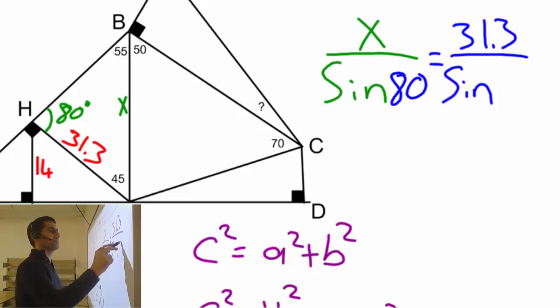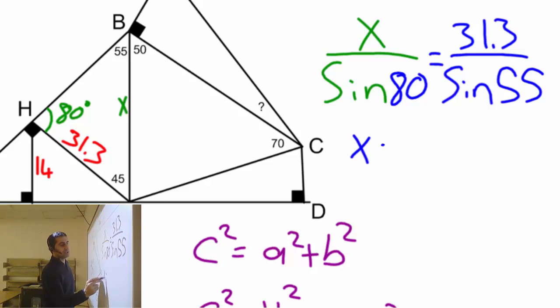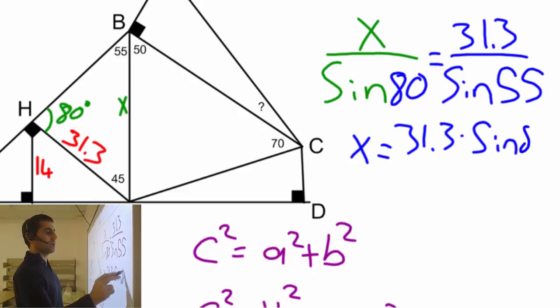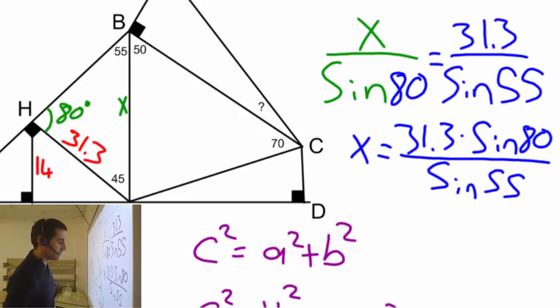So using the sin law, X equals to 31.3 times sinus 80 divided by sinus 55. Let's calculate that.